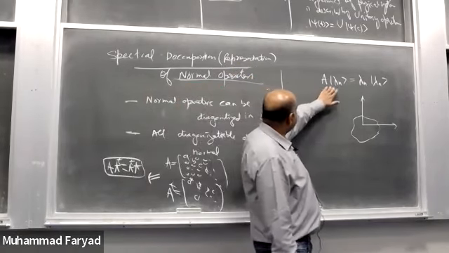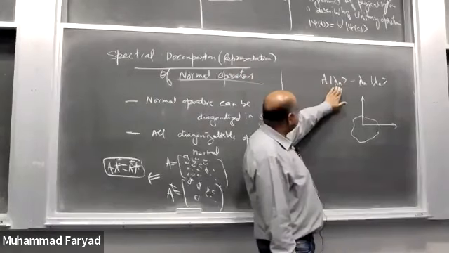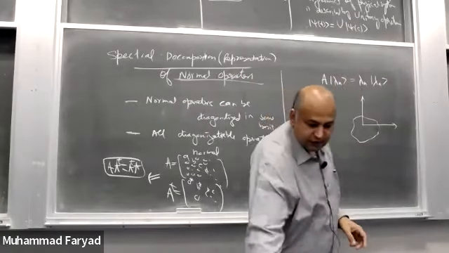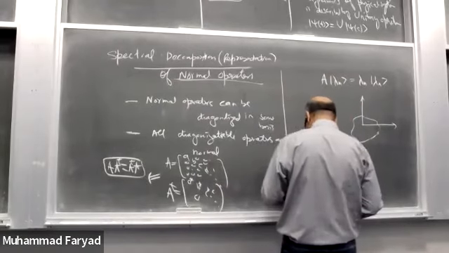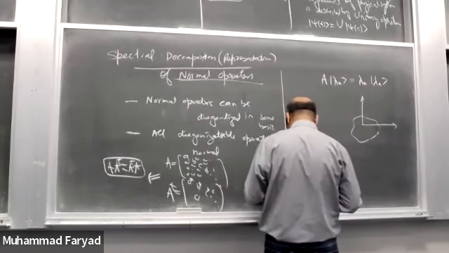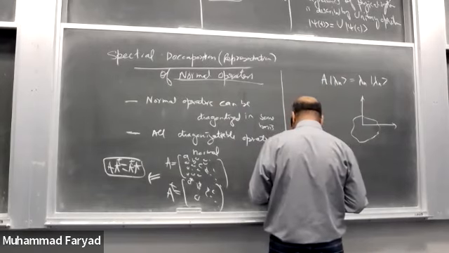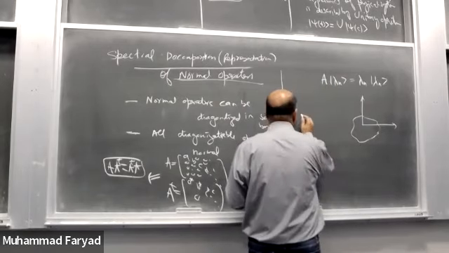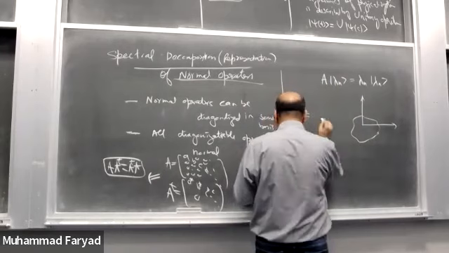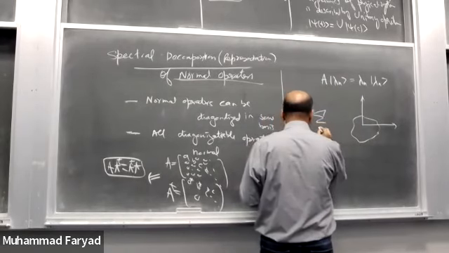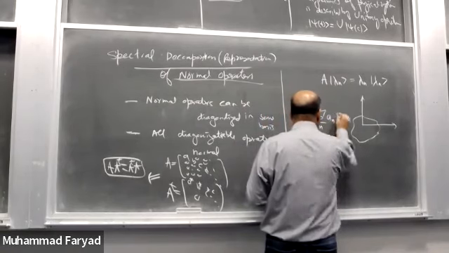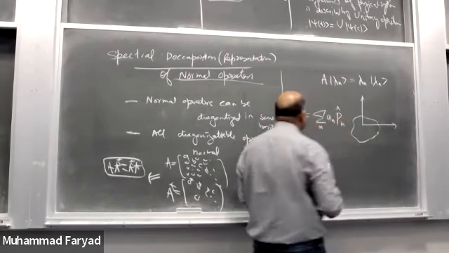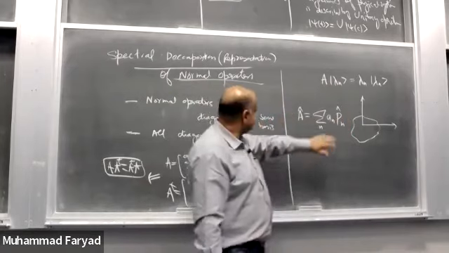ओके, सो सपोज वी हैव एन ऑपरेटर विद आइगन वेक्टर्स एंड आइगन वैल्यूज लाइक दिस, एंड let's say I write my operator A as a superposition of some other operators Pn.